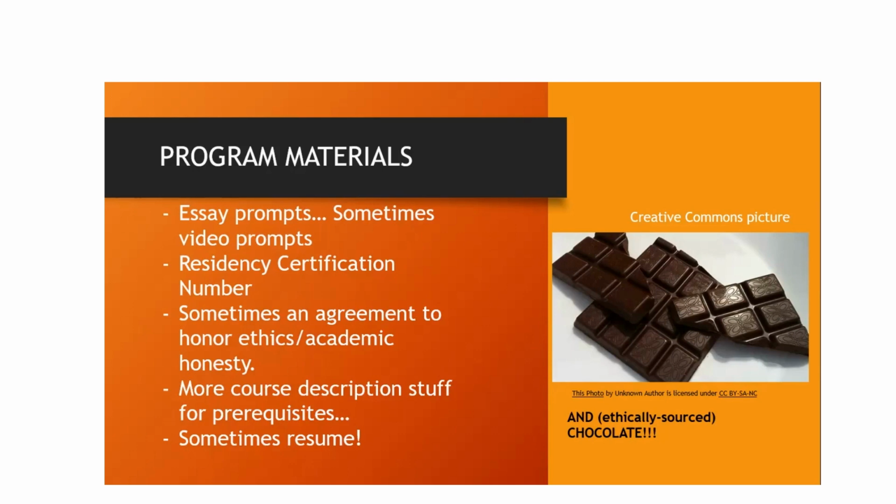Sometimes schools have you sign an agreement or check a box promising to honor their ethics code or their academic honesty system. And oftentimes they have you give more details about course descriptions for prerequisites, either your plan for when you're going to complete them if you haven't already, or exactly what the course description was for your specific undergraduate school.